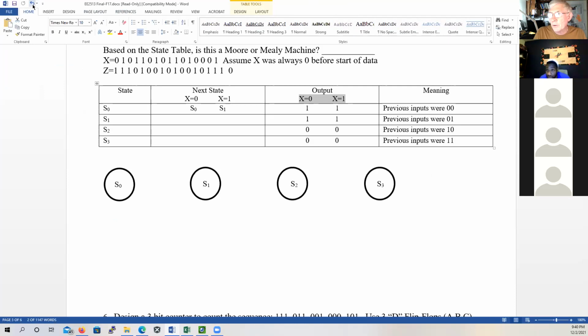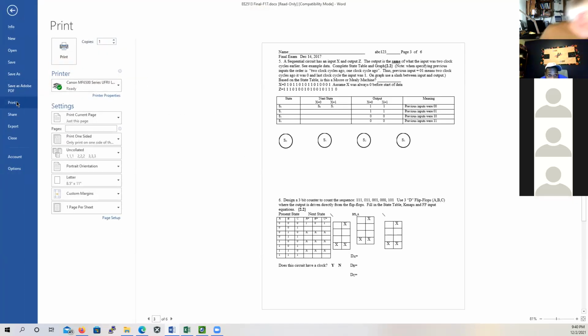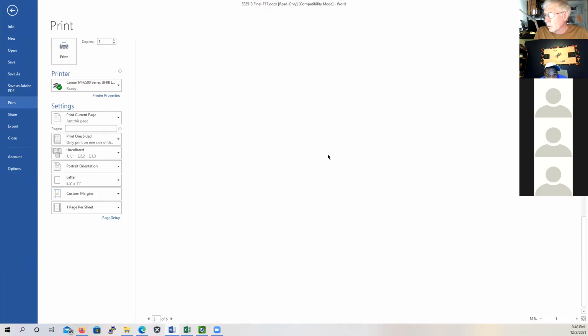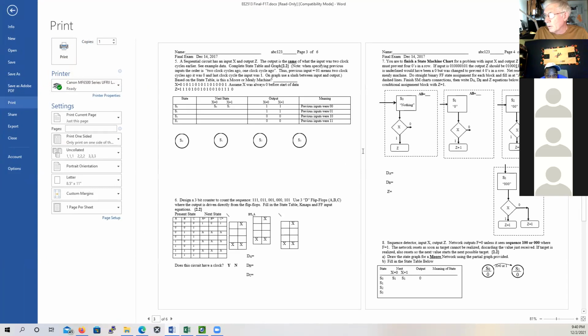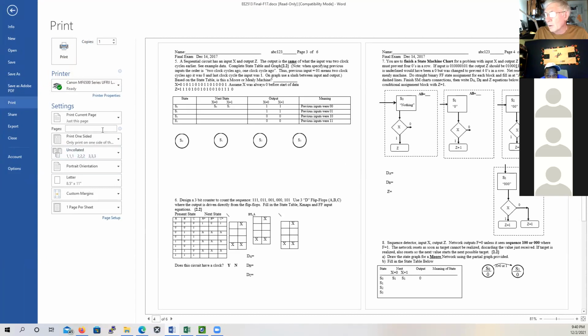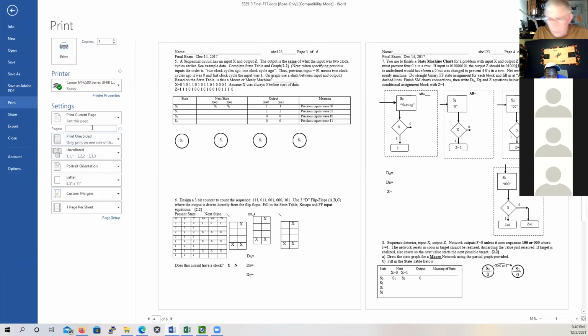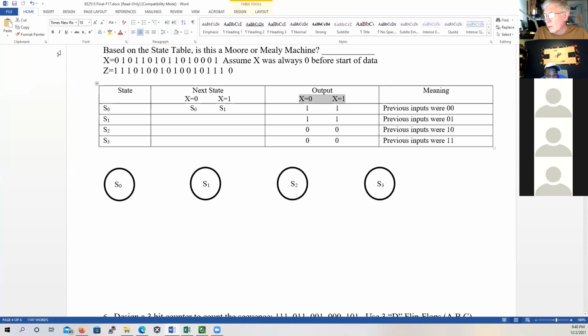Okay, let's print this and then I should just print all the pages out. Yeah, I want to print page 4. All right.